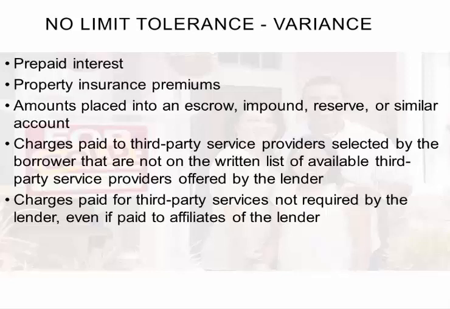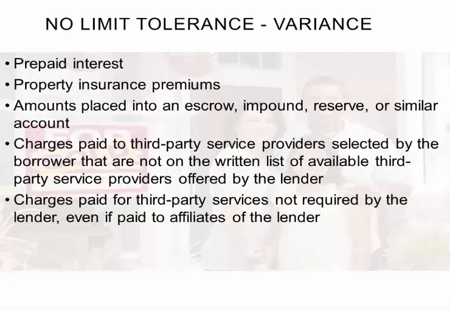Then we have our no limit tolerance or variances, and so there's certain fees and charges which have a good faith standard as far as disclosing them on the loan estimate. These charges are considered to be provided in good faith, and that's why there's no limit.